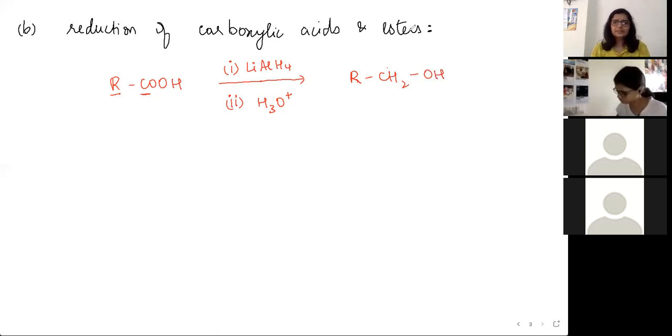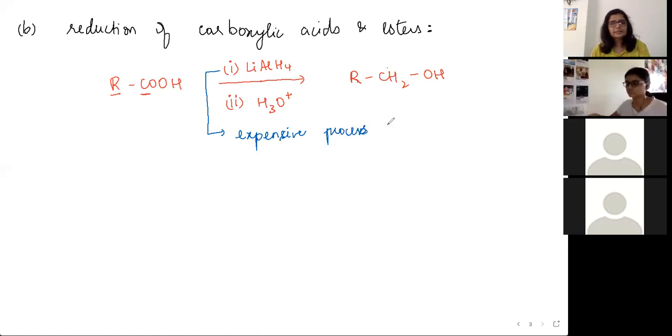So this is again a straightforward, direct reduction, just like with aldehydes. But the thing is LiAlH4 is a very expensive reagent. Converting carboxylic acid to alcohol using LiAlH4 is an expensive process in general.